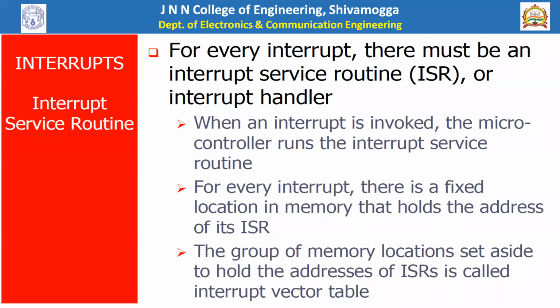The group of memory locations set aside to hold the addresses of ISRs is called the interrupt vector table. So the interrupt vector table contains the starting address of the interrupt service subroutine.